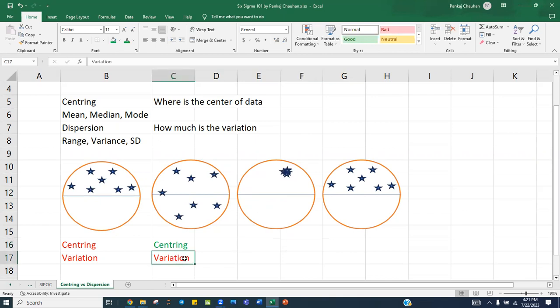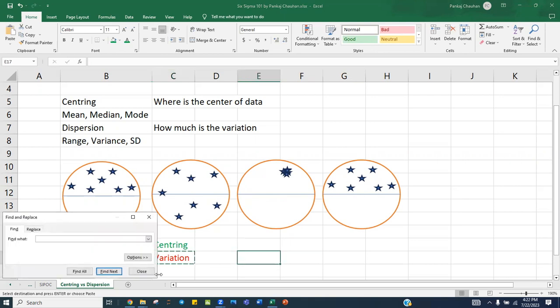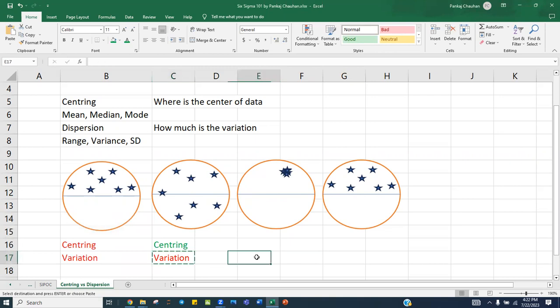So definitely variation is not an issue for me, because data points are very, very close to each other. But look from the centering perspective. Are they in the center? The answer is no, because the center of the data is somewhere here and all the data points are away from the center. They are not making an average of zero. So the kind of problem you see in case number 3 is a centering problem, not a variation problem.